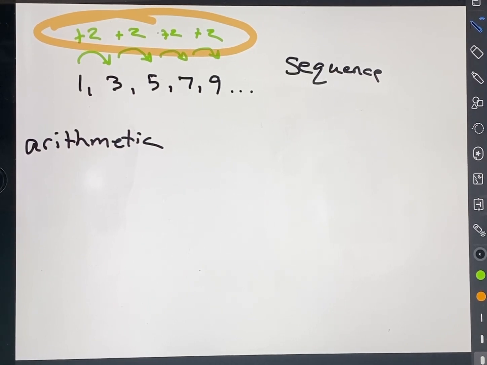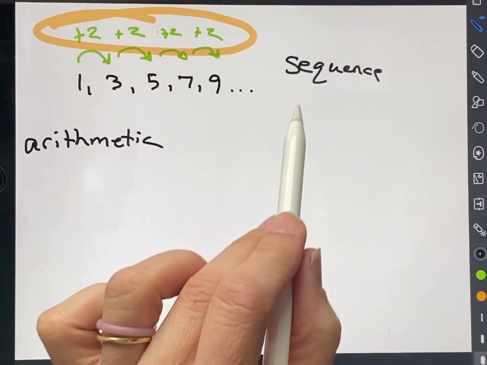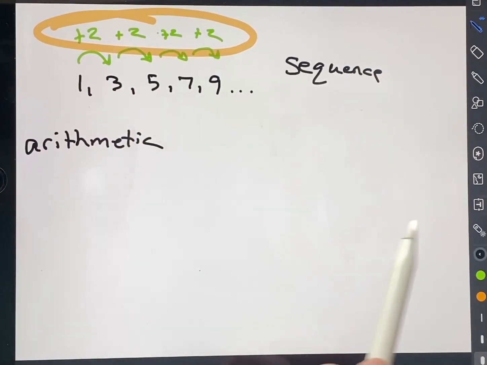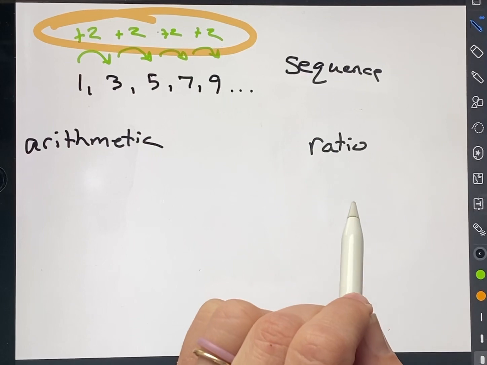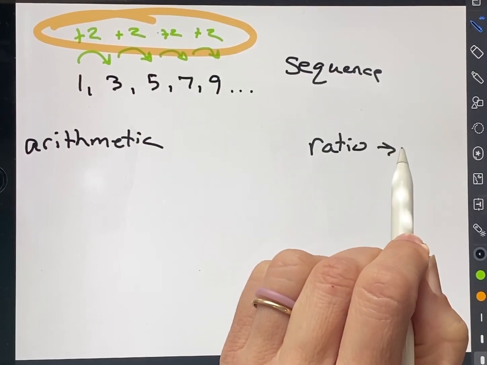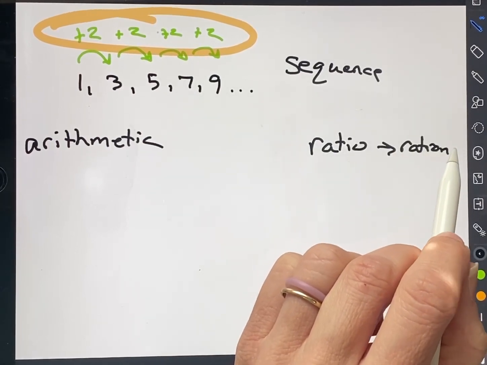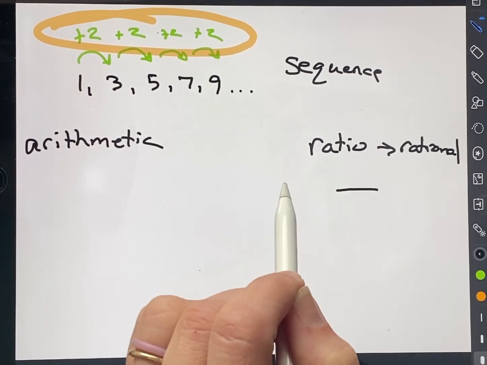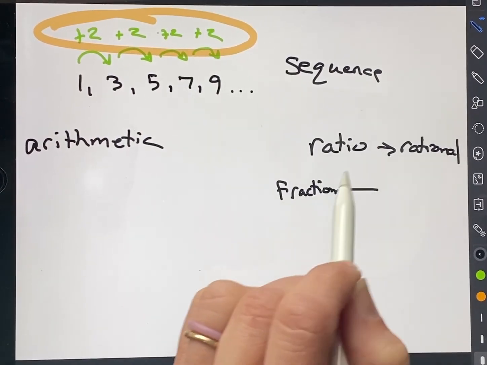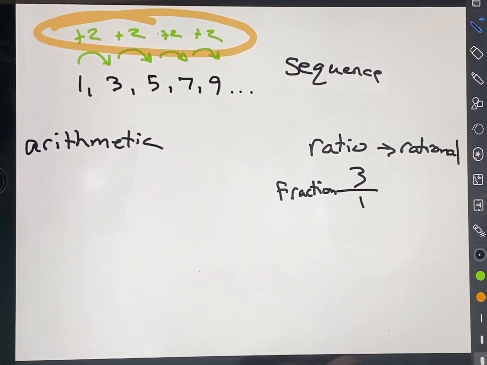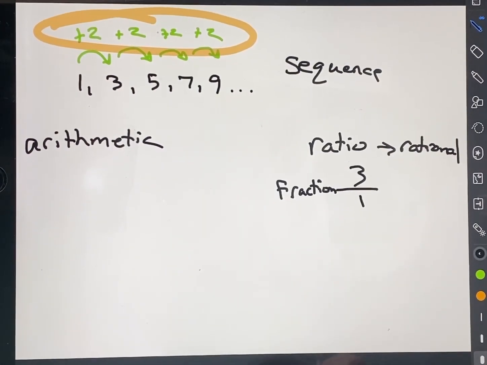Now, if the numbers are related through some sort of ratio, and we know that ratio is tied to the word rational, it just simply means a fraction. That's all it means. So we can write any number as a ratio, any number as a fraction.